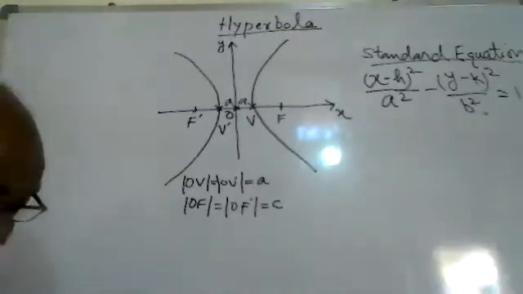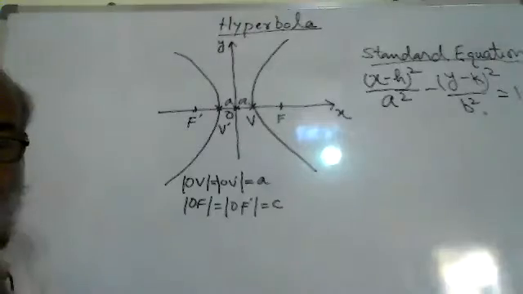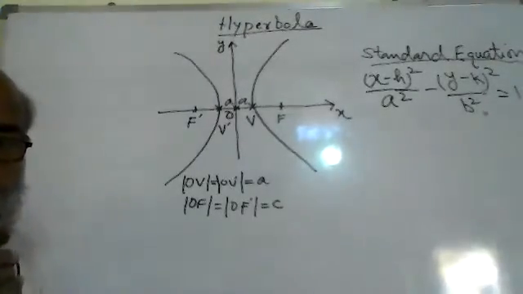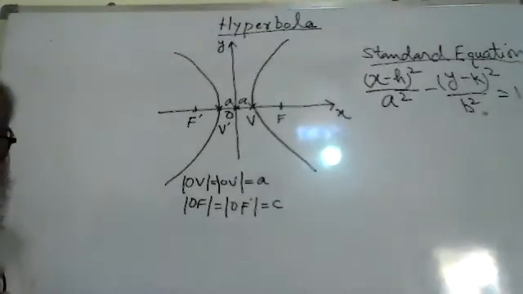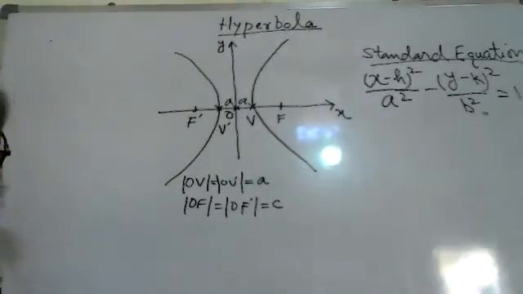If one of x square and y square is negative, both have opposite signs, one positive and one negative, then it will be the equation of a hyperbola.